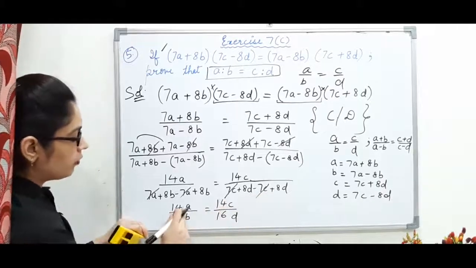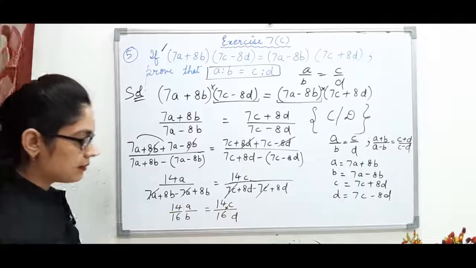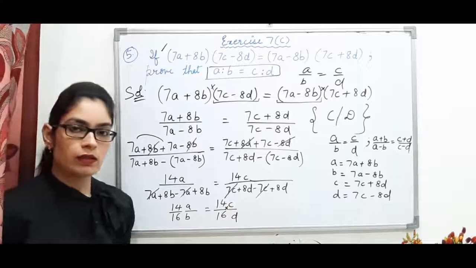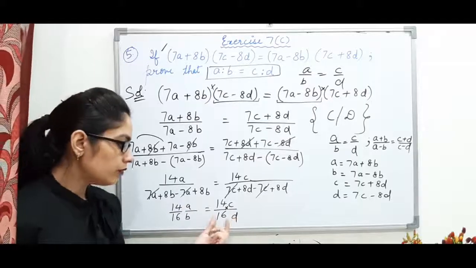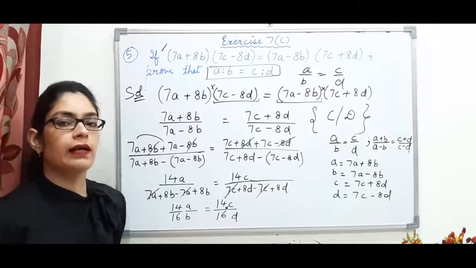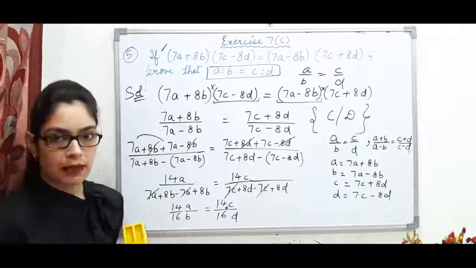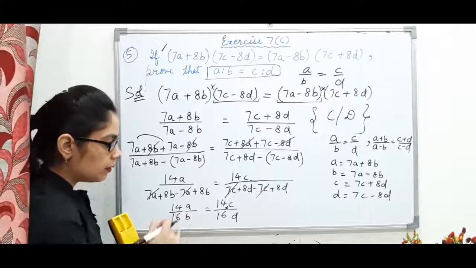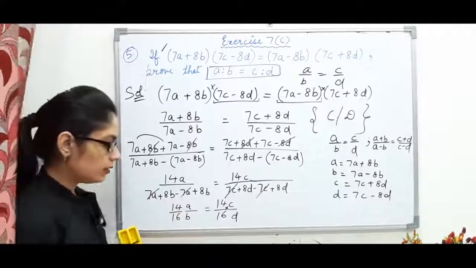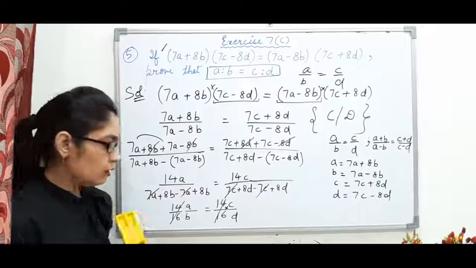So this is like 14 by 16 getting multiplied by a by b, and it is getting multiplied by c by d. In the previous question I showed you that I shifted this to the other side, and after shifting they got cancelled. I also told you that if the same expressions with the same signs are on both sides of the equation, then you can cancel them directly. See, the sign should be the same.